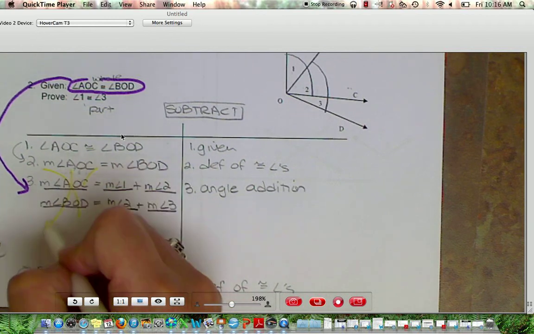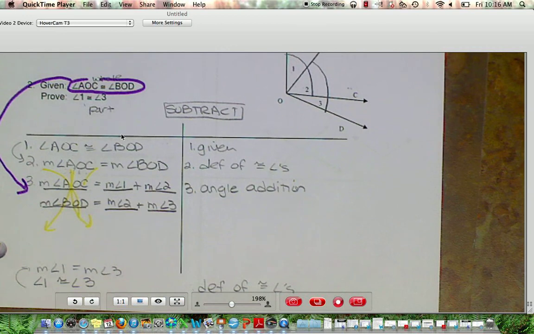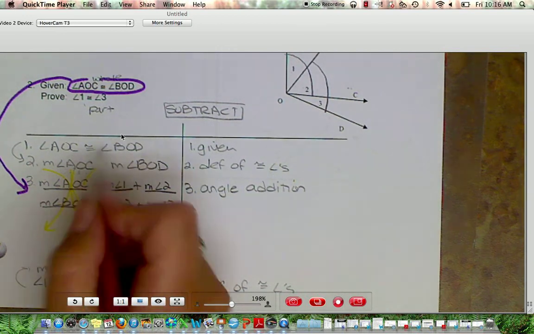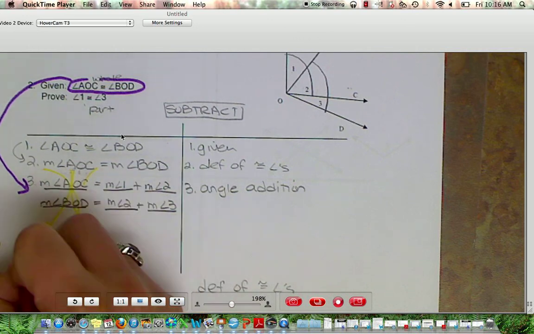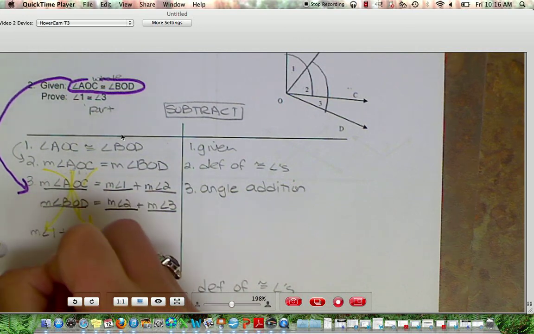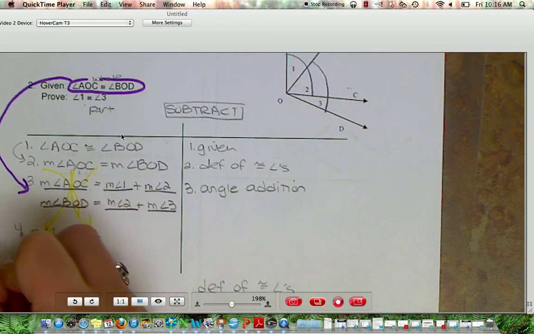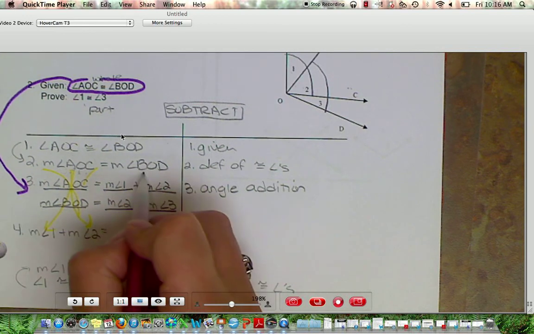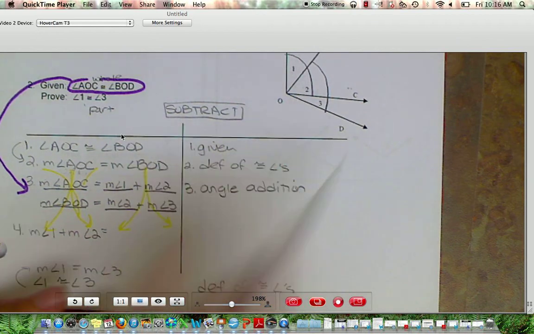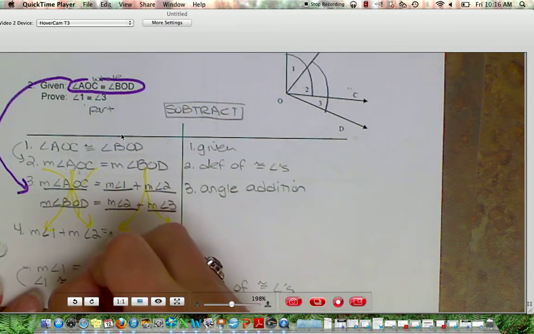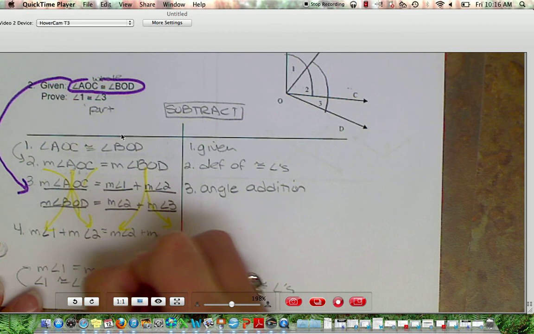All right, now that your reader knows what AOC is made up of, then we're going to stretch it out. Sorry, went the wrong direction. We're going to take AOC and stretch it out into its parts. So AOC is 1 plus 2. So instead of writing AOC there, I'm going to write the measure of angle 1 plus the measure of angle 2. So this is step 4. And instead of writing BOD there, I'm going to stretch it out into the measure of angle 2 plus the measure of angle 3.